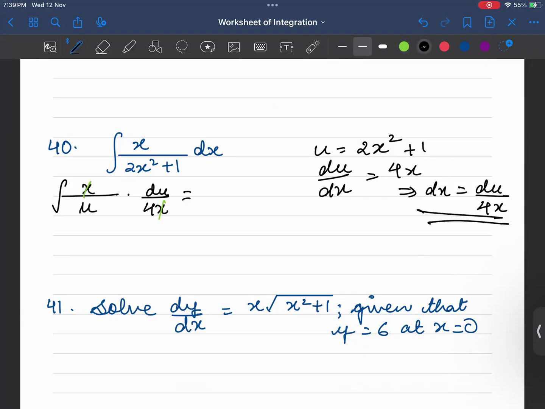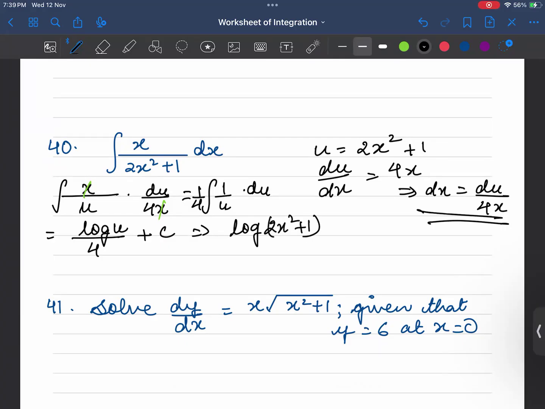We can write 1 upon 4 outside, 1 upon u du. It will become log u upon 4 plus c. Again, I will substitute back. The value of u is 2x square plus 1, so log of 2x square plus 1 upon 4 plus c is your final answer. I think it's clear by substitution.